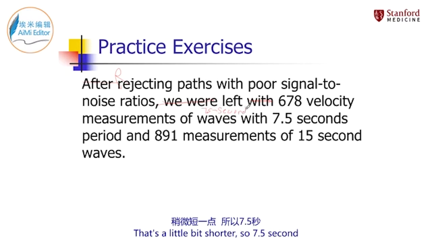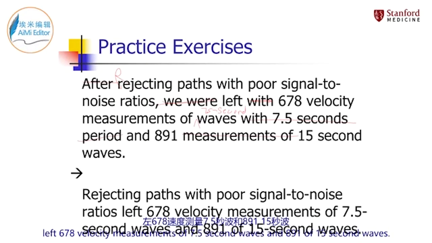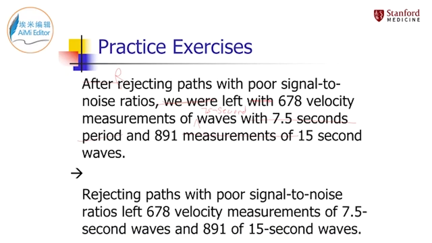That's a little bit shorter. So "7.5-second waves and 891 15-second waves." Let's just get rid of the extra measurements. We've already said measurements. So we can boil this one down to "rejecting paths with poor signal-to-noise ratios left 678 velocity measurements of 7.5-second waves and 891 of 15-second waves."